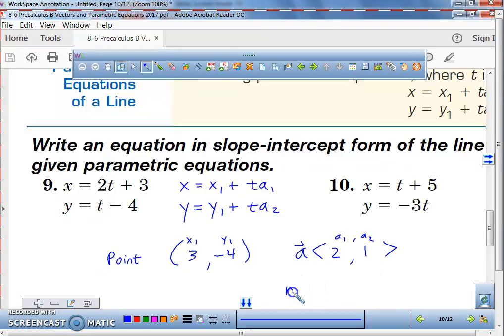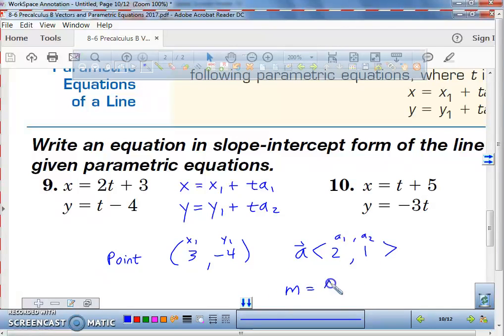Do you guys know that slope is the change in y over the change in x? This is your change in x for the vector. This is your change in y for the vector. So what is our change in y over our change in x? 1 over 2.